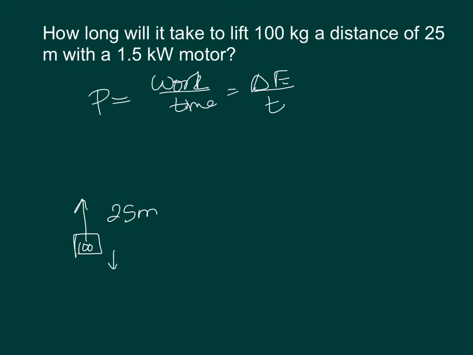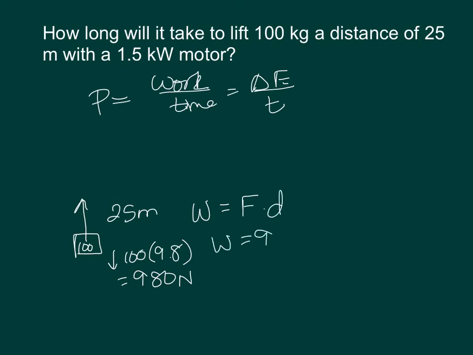So you have to find the weight of the object, which is 100 times 9.8, so it's 980 newtons. Okay, so work-wise, it would be your force times your distance. So your work would be 980 times the 25 meters, which comes out to 24,500 joules.